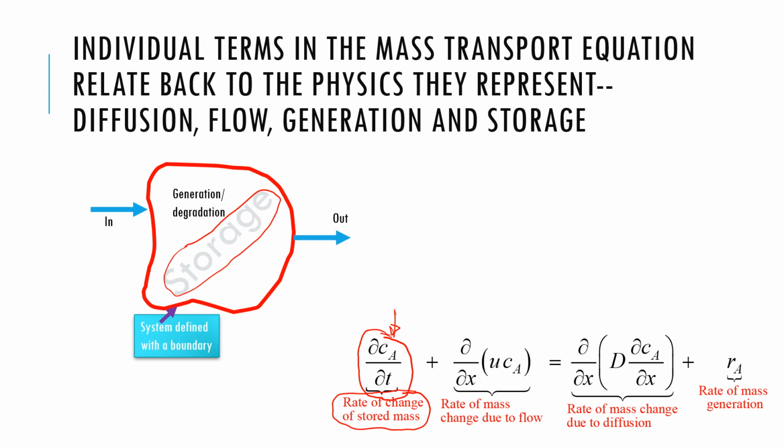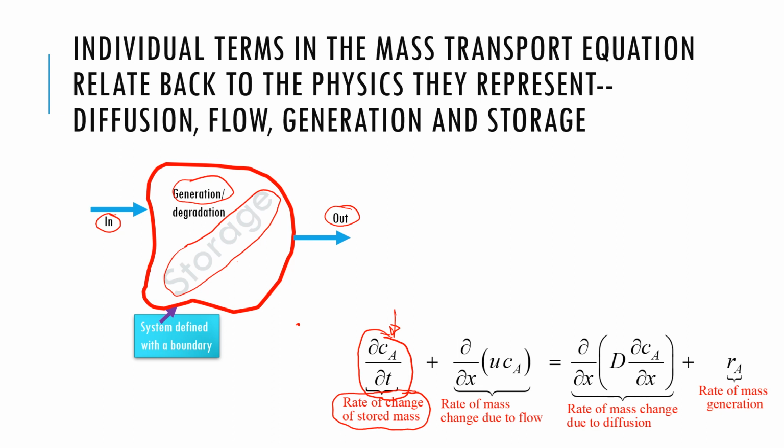Of course, this equation is valid at a point, but I am just saying this in a quick and dirty way, that the terms relate to the in, out, generation and storage that we started from.